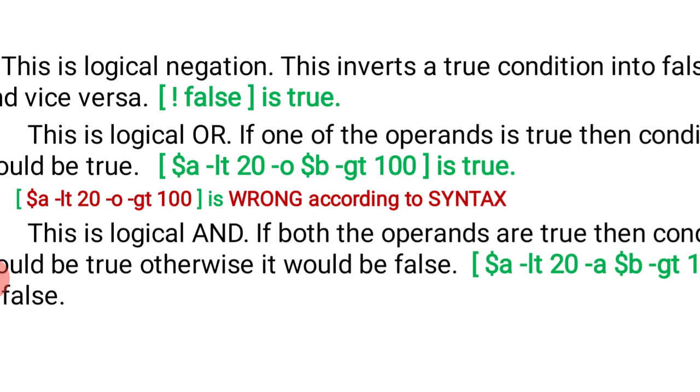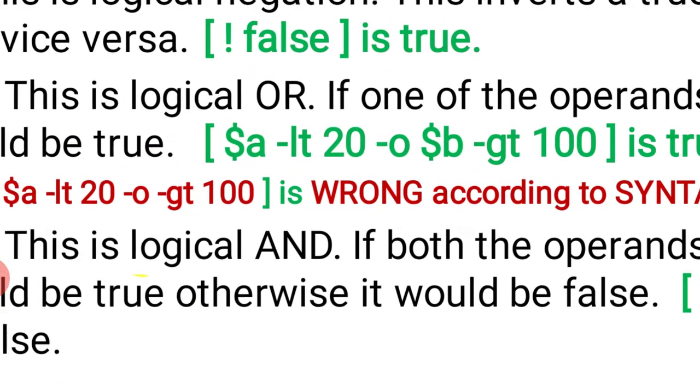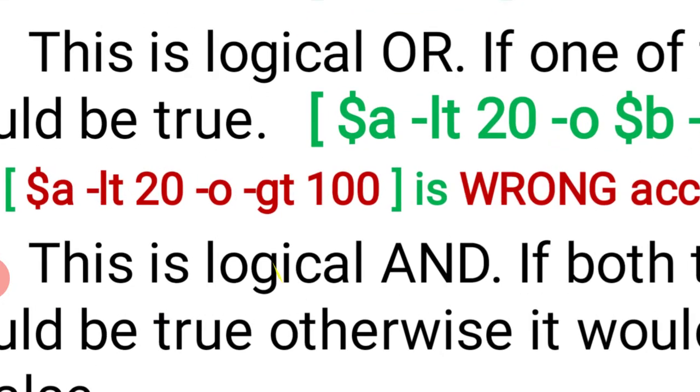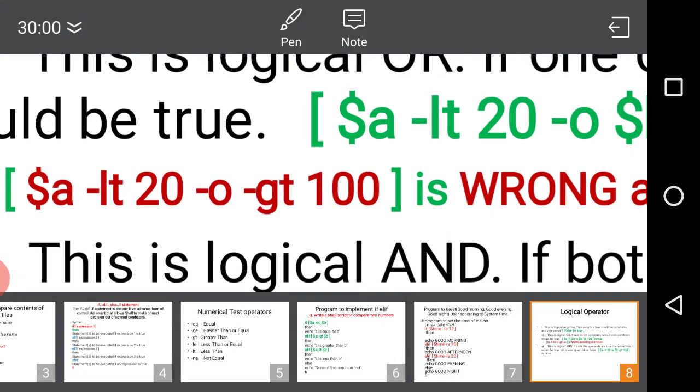But if we write the same pattern like this, dollar A is less than 20 minus o minus gt 100, this gives an error, because for the second part, minus gt 100, there is no variable to compare. So we need dollar A here. So this statement is wrong.